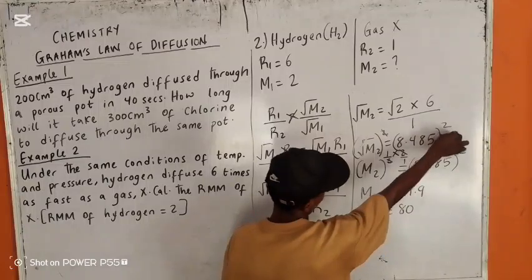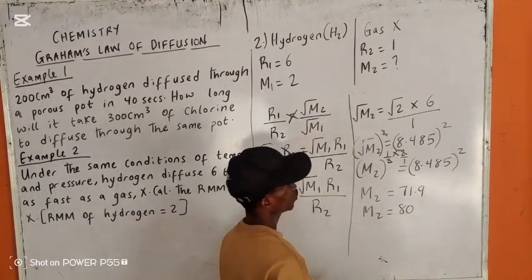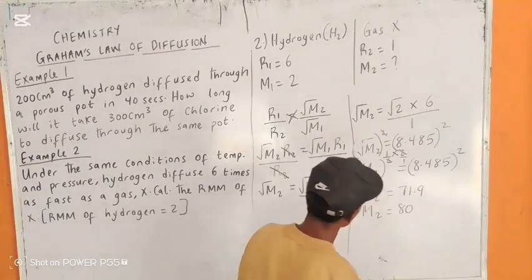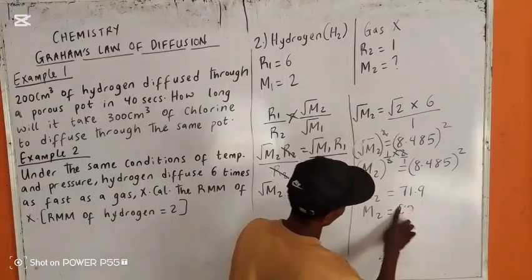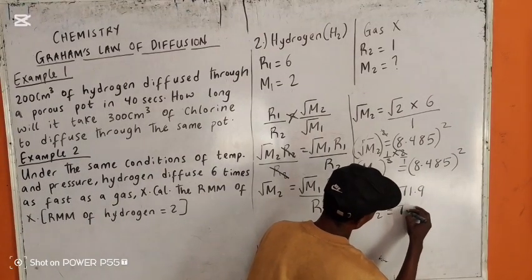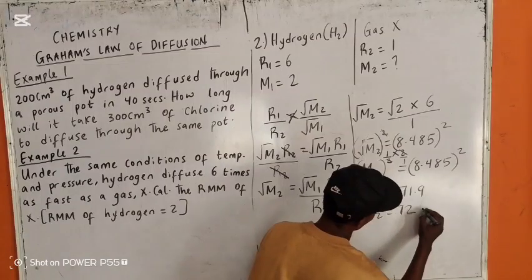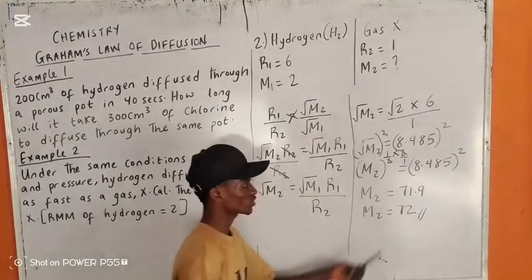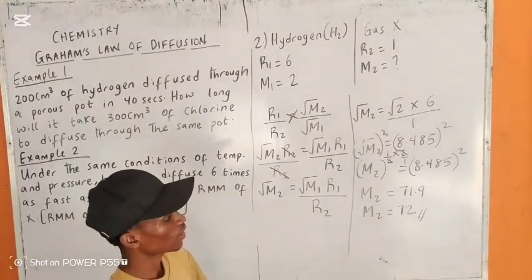Then this one is our 2. You get this and this. So this is our 72. This is our final answer for number 2.